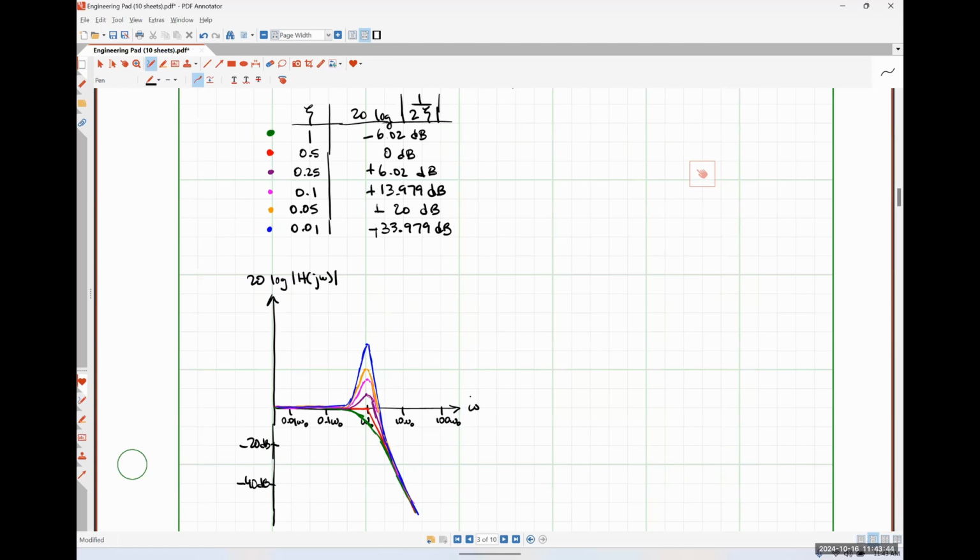But when we get into the region very, very close to our resonant frequency, all of a sudden we have amplification. And this is passive amplification. We can do this with just resistors, capacitors, and inductors. We don't need an op amp for that to happen. And then once we get beyond this frequency, we fall off. So this is a bandpass filter. It's a bandpass filter that significantly boosts our frequency of interest. And the steeper that we make this thing, the more selective our frequency actually is.